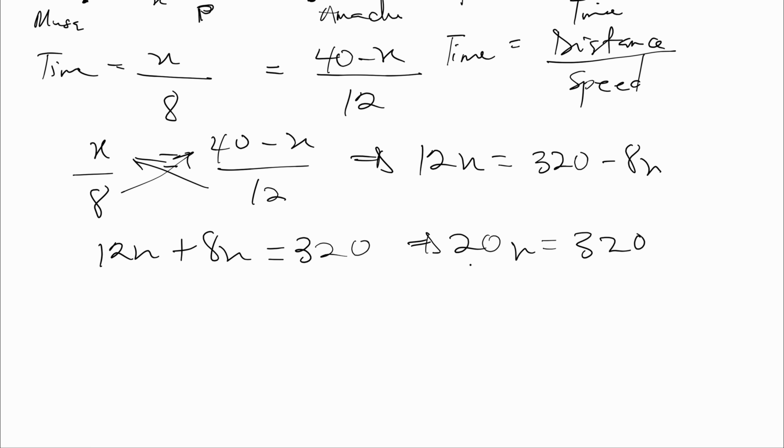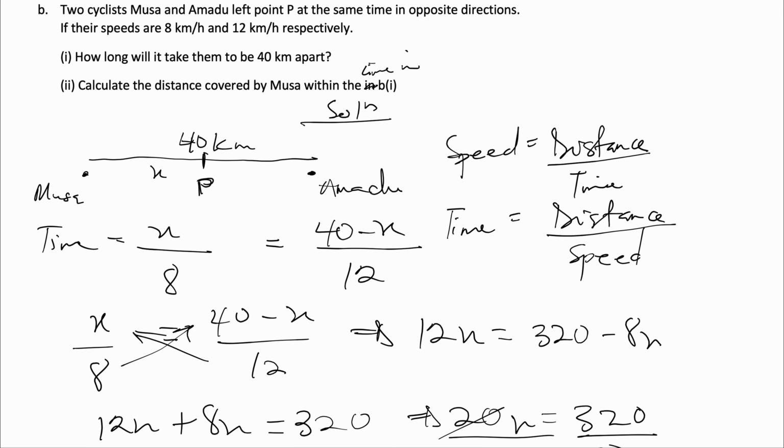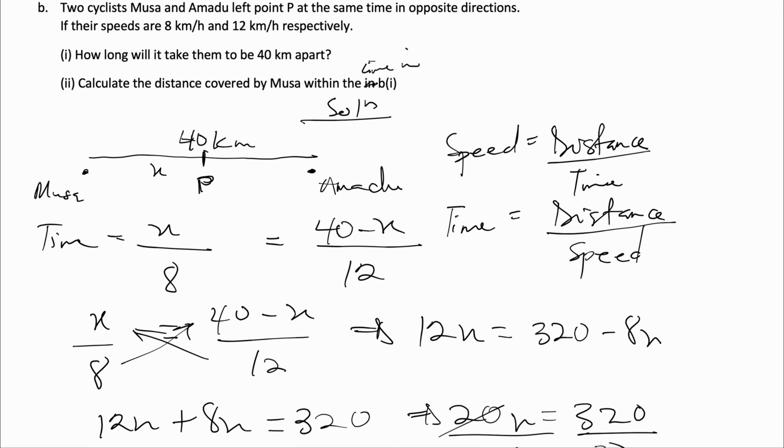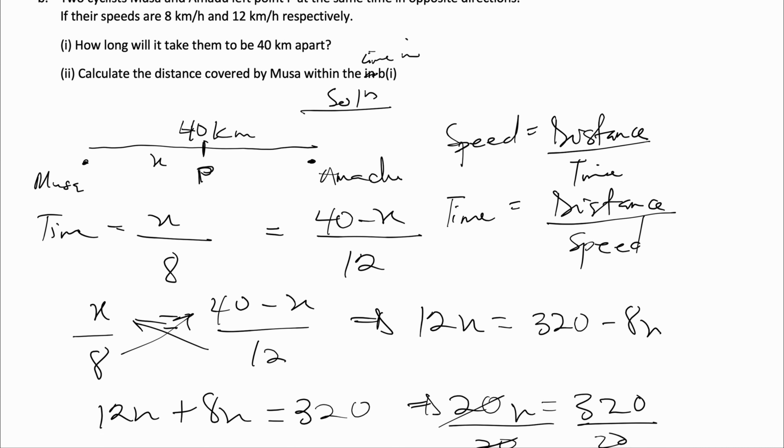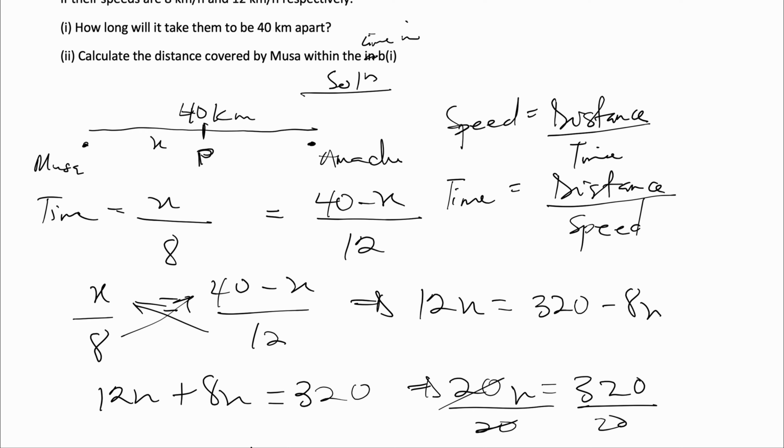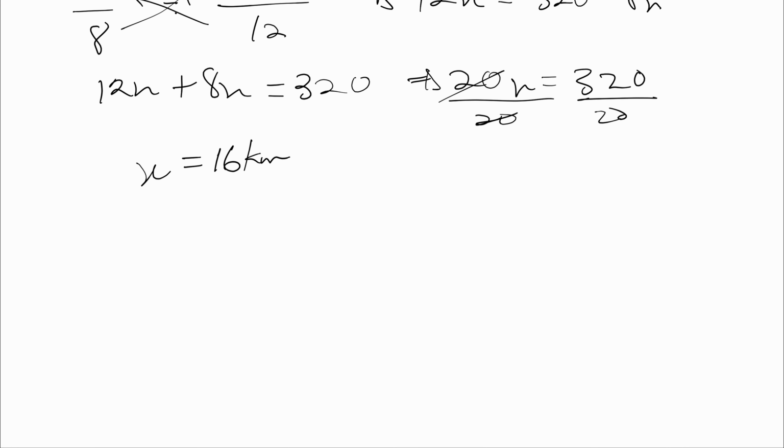So to find X, we divide both sides by 20. So X will be equal to 320 divided by 20, which is 16. So X is 16 kilometers. And X is the distance Musa had to travel, so the distance covered by Musa is 16 kilometers.